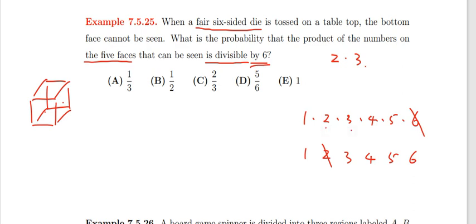If we remove 3, we still have 2 and 3 here. If we remove 4, we still have 2 and 3 here. So this means this number is always divisible by 6. Okay?